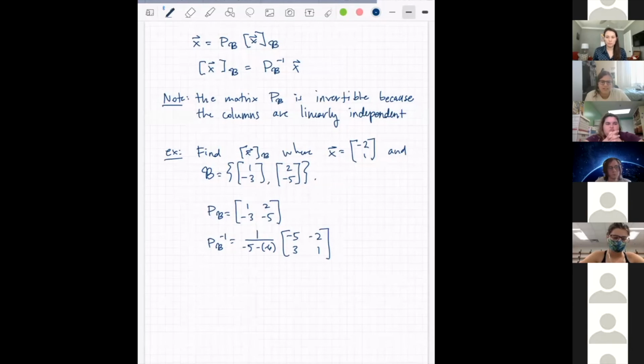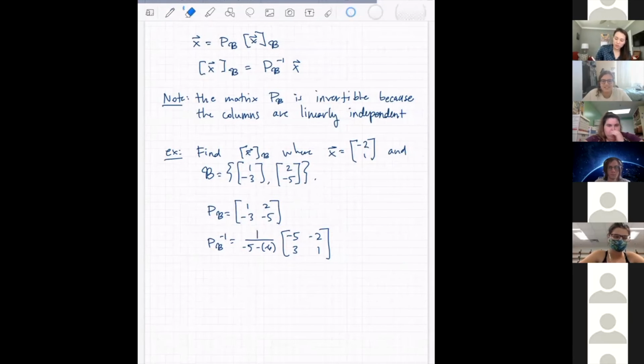I thought that to get the inverse, we had to do 1 over the determinant times the adjugate matrix. Yes. And this is the adjugate actually. Oh, okay. Oh wow, you're very fast.